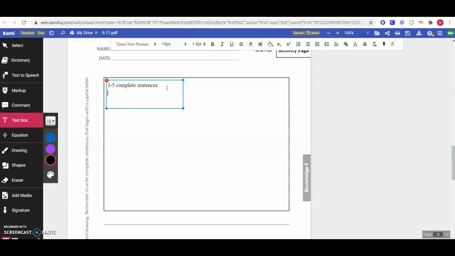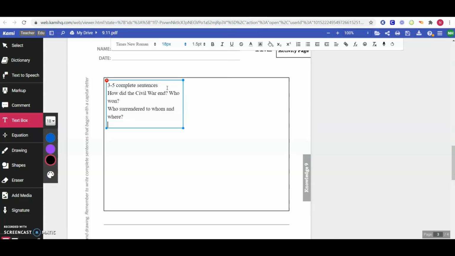Our sentences today should answer the questions: how did the Civil War end? Who won? Was it the Union or the Confederacy? Who surrendered? To whom? And where? Where did that surrender take place?